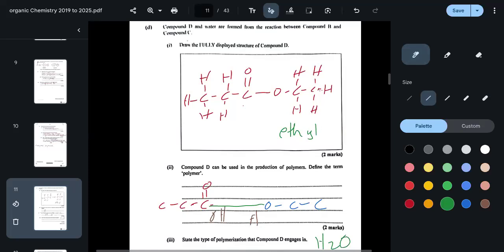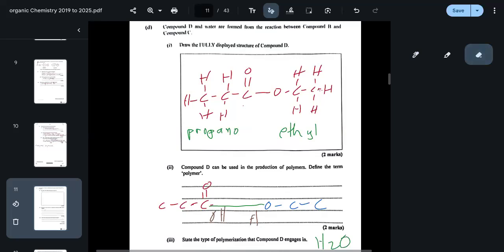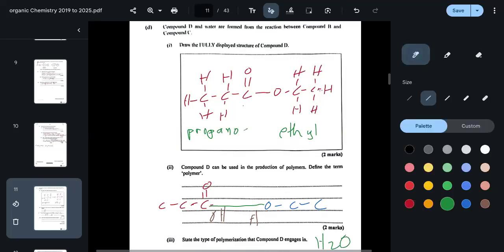And for the acid, this would have been propanoic acid. You take off the ic and replace it with ate. Good. Now in this structure, the acid is always first, which is on the left.